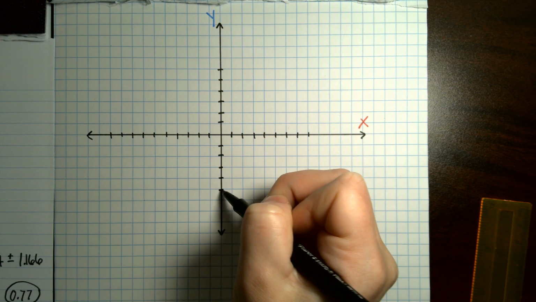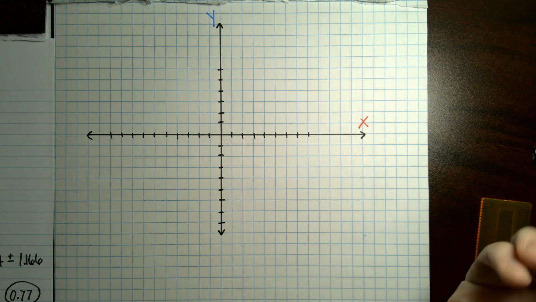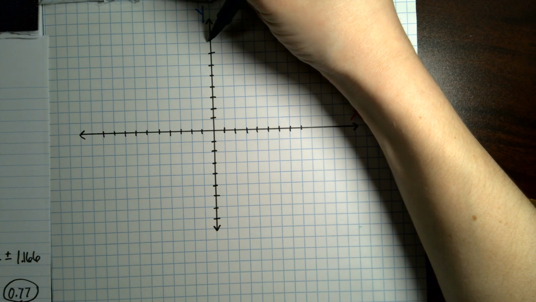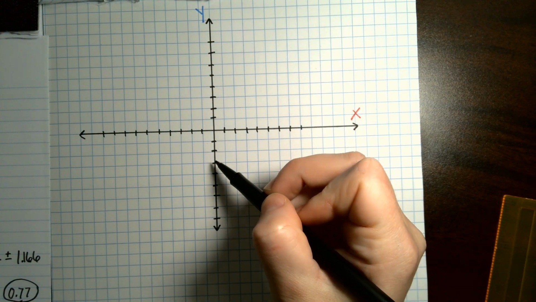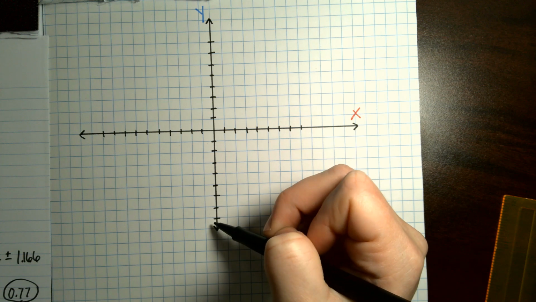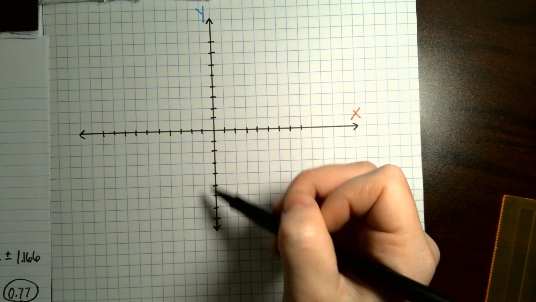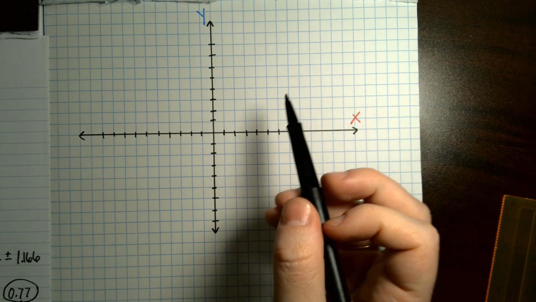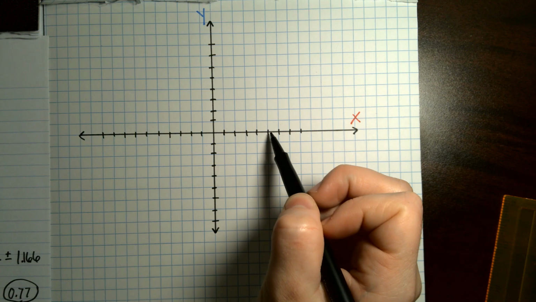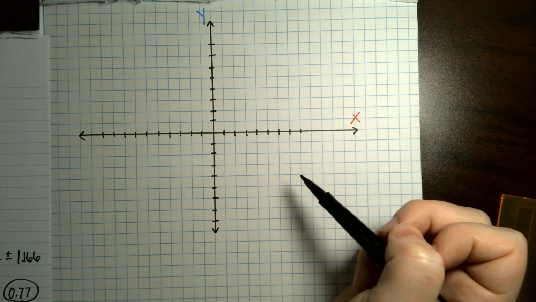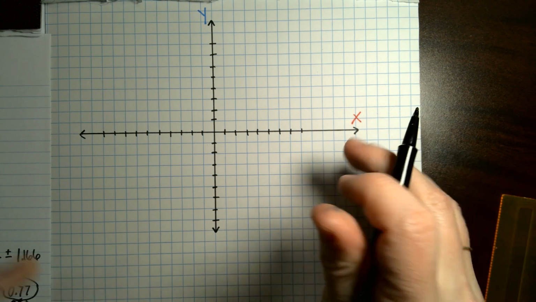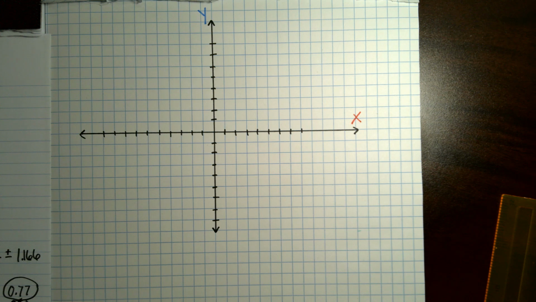I got to count. I did mine 1, 2, 3, 4, 5, 6, 7, 8. I did 8 down on the y-axis. And then I did 1, 2, 3, 4, 5, 6, 7. I also did 8 on the x-axis. It doesn't have to be exactly like mine. You can make it bigger. You can make it a little smaller even.